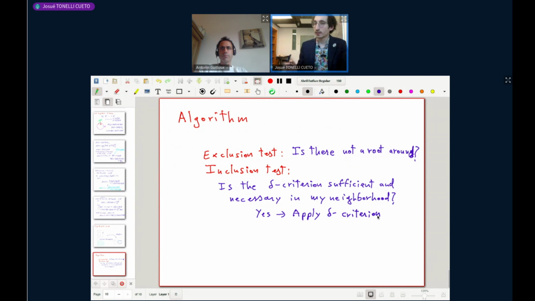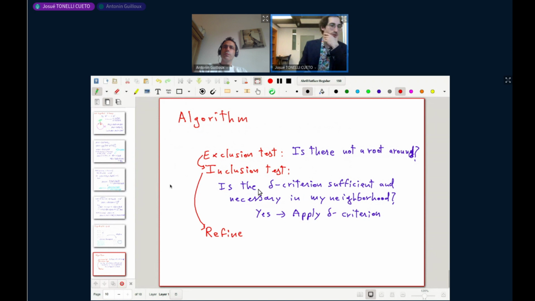If the delta criterion has a success, there is a root around, I keep the point and pass it to my approximation set. If there is not a point around, then since the delta criterion in this neighborhood is also necessary, it means there is no root around. And if these 2 fail, then I use refine. So I substitute this point by points with smaller neighborhoods around. So this is more or less the cycle of the algorithm.